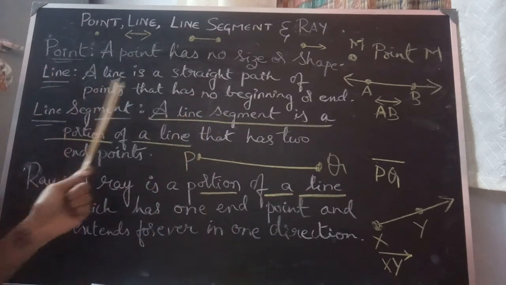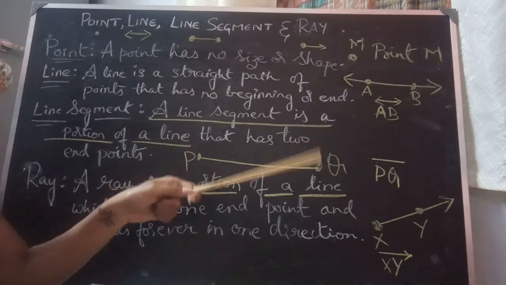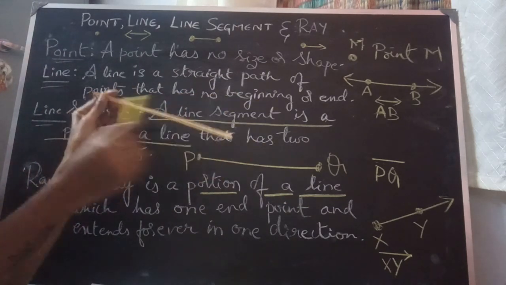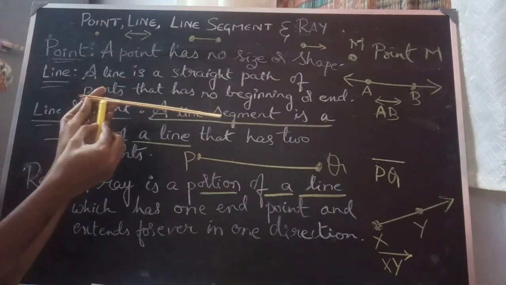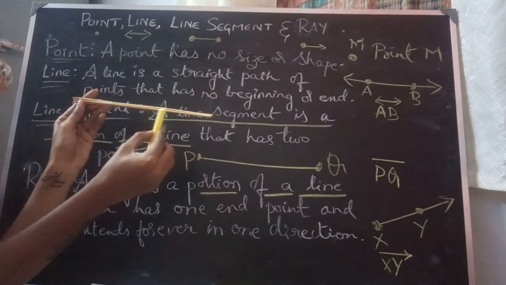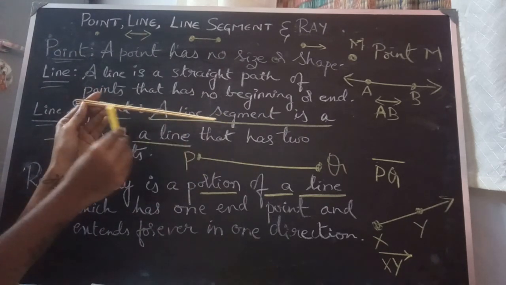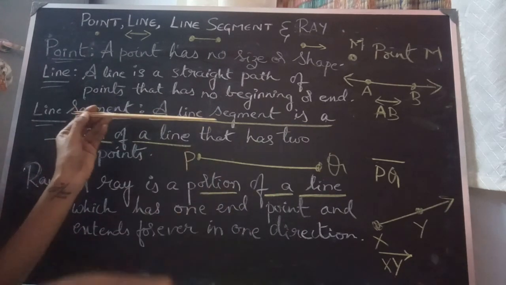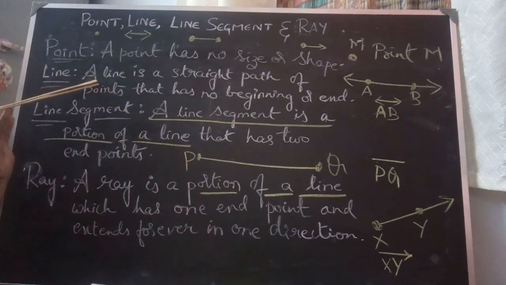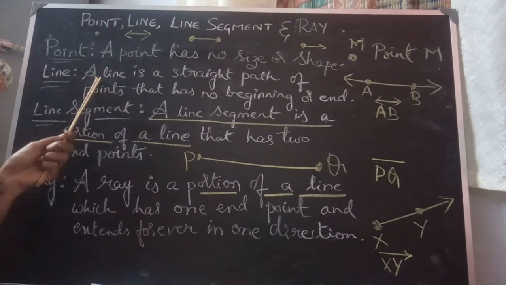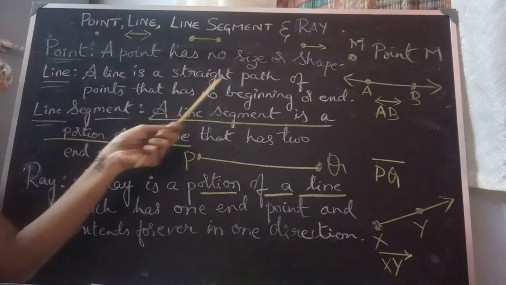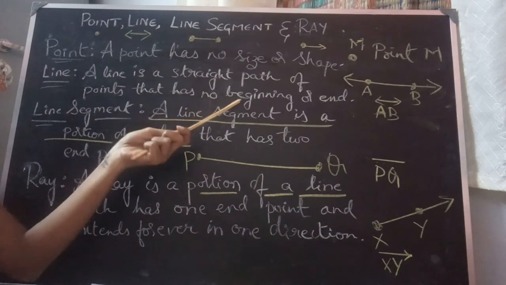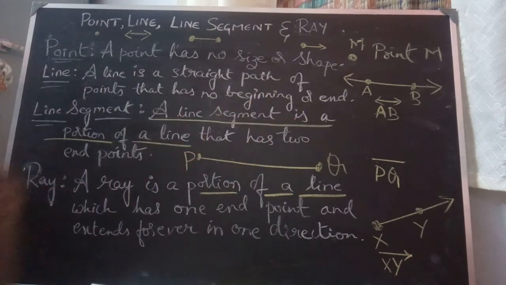Next, line. A line is a straight path. Suppose consider it as a set of points here, here, here, here. Continuously you'll have some points, and by joining all the points, it forms a line. A line is a straight path of points that has no beginning or no end.